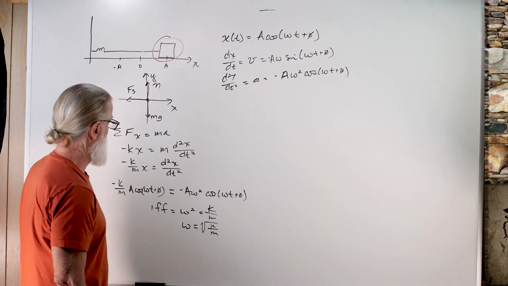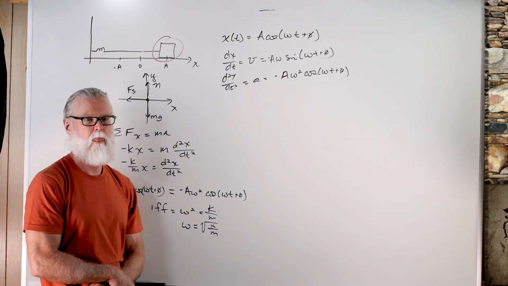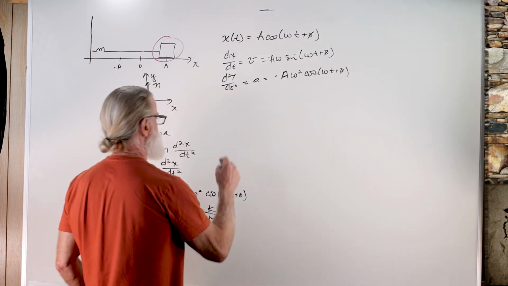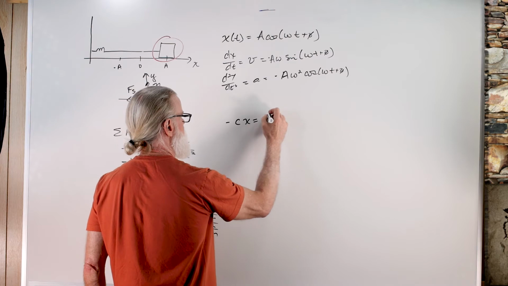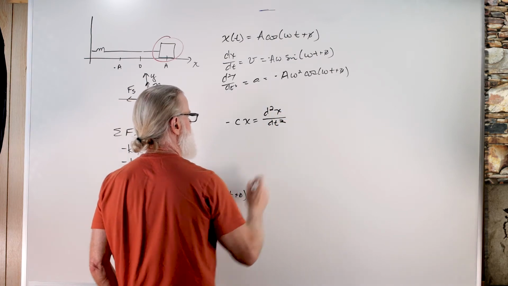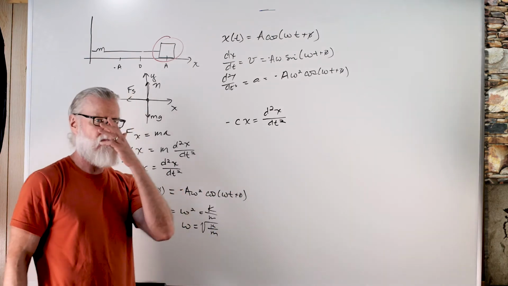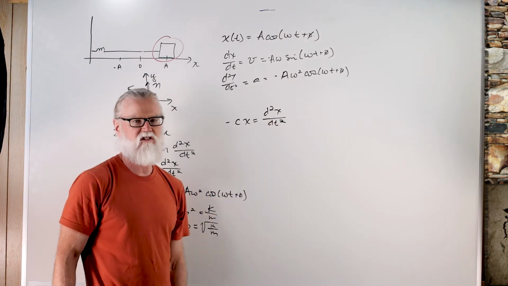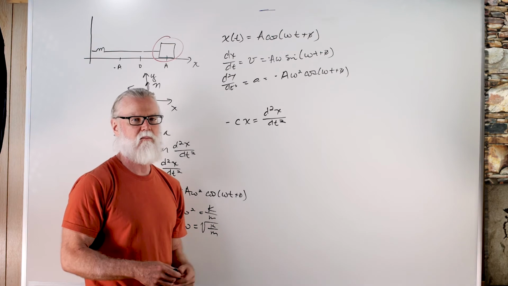All right, now this is called the equation of motion, and it's of the form minus some constant times x equals d squared x dt squared. Right? That is the equation of motion. Anytime you see an equation of that form, if this is a position function, this is describing something in simple harmonic motion.